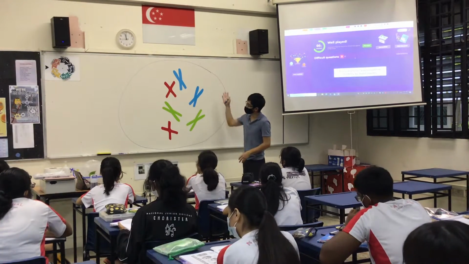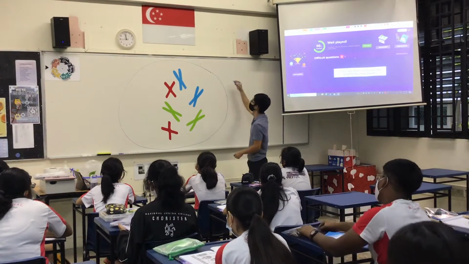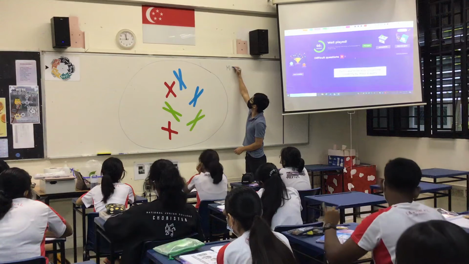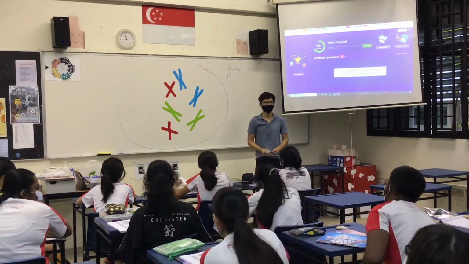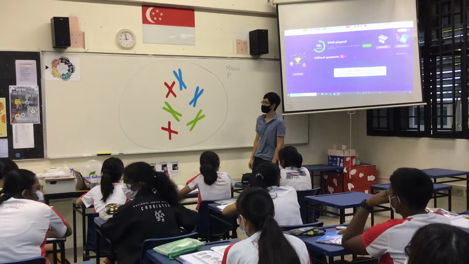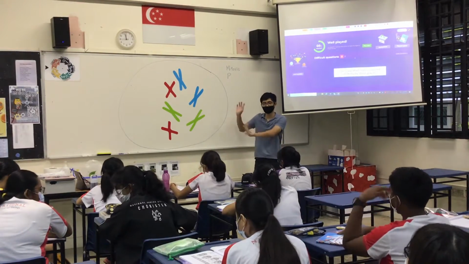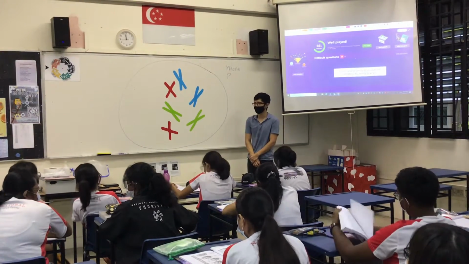So I ask you to indicate the position of all these chromosomes during prophase of mitosis. Mitosis, prophase. What would it look like? Okay, you may discuss with your friends, and I'll invite one of you to come up to arrange this to your liking. What would the chromosomes look like?